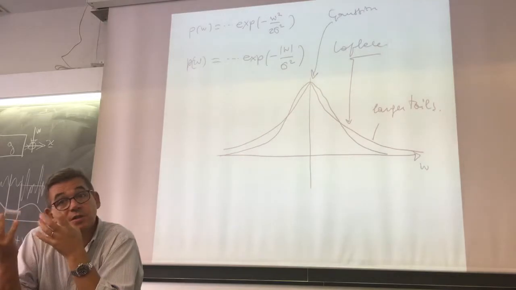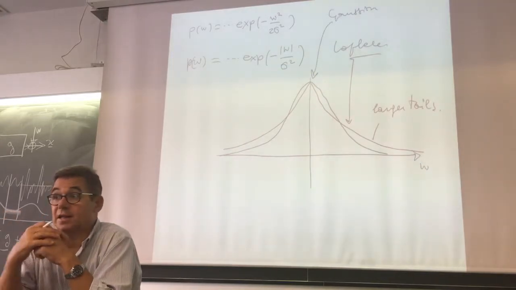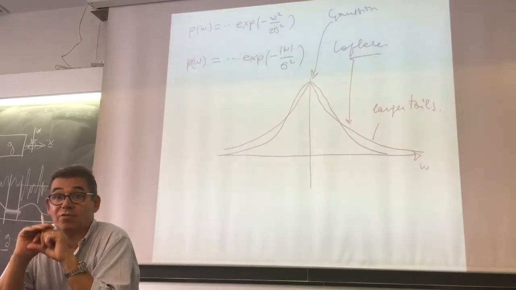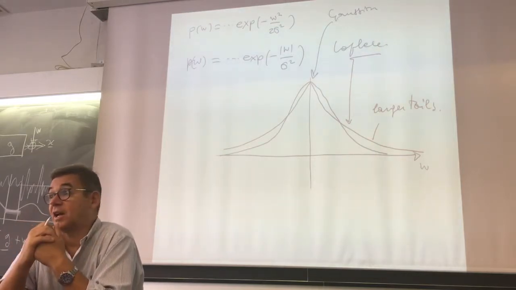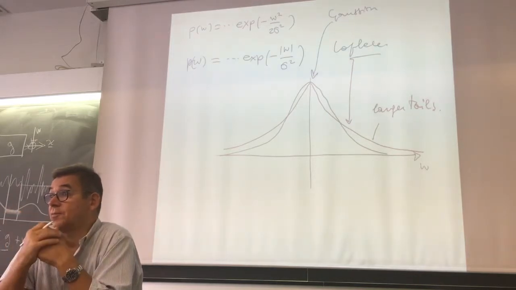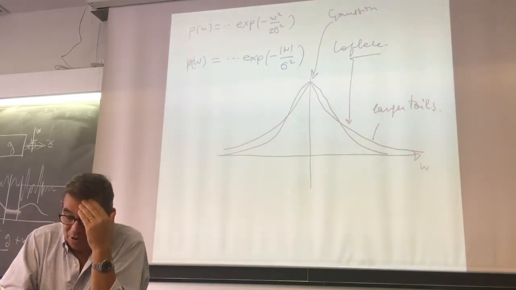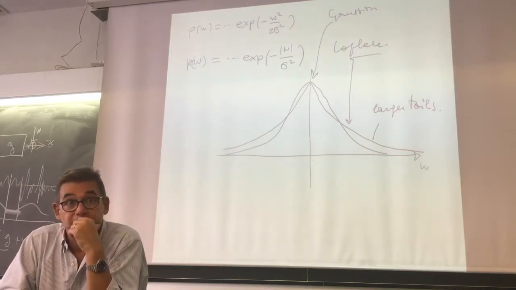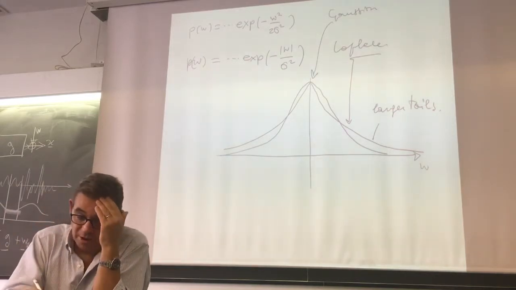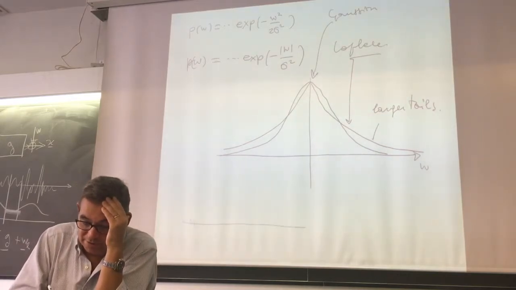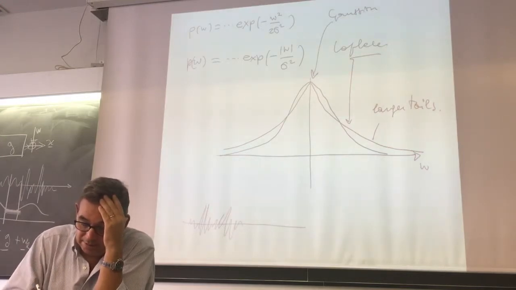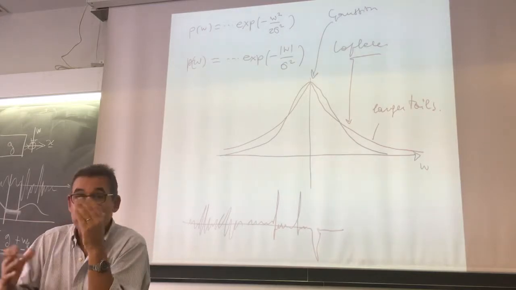So it's a noise behavior that, in some cases, I can find, and if I manipulate my data as if they are Gaussian, I make a big mistake, because I'm not describing the tail properly. The tail is larger. So I'm trying to sketch it. Gaussian, it's this way, but the Laplace is more spiky.